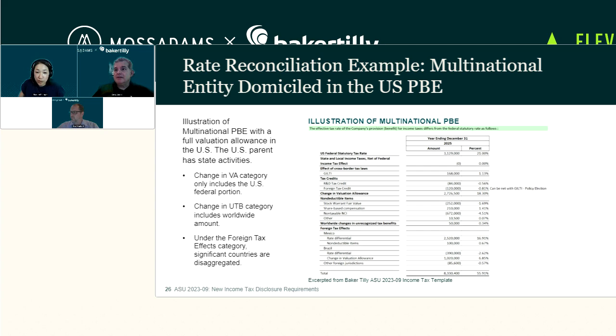Under the foreign tax effects category, we are disaggregating different jurisdictions. One of the jurisdictions happened to have a change in valuation allowance associated with that jurisdiction showing up separately. And then also the unrecognized tax benefit line encompassed the worldwide amount. So those are the things that you could expect in the multinational effective tax rate reconciliation.